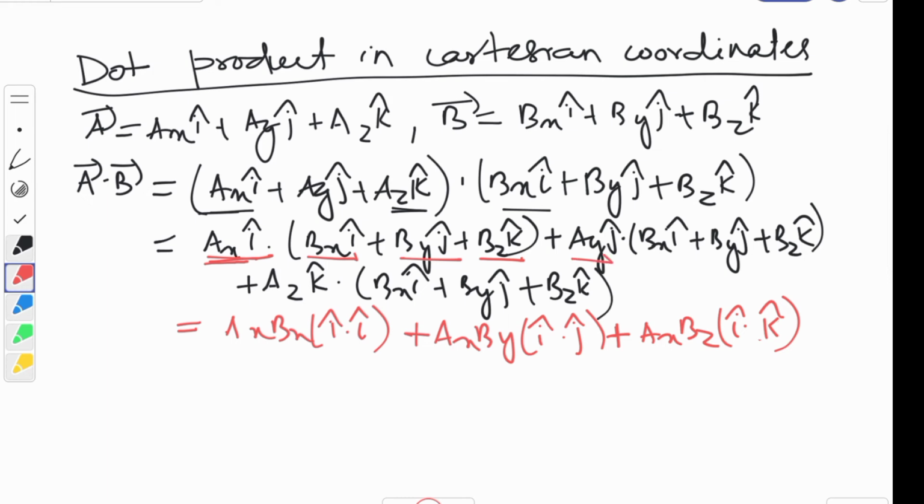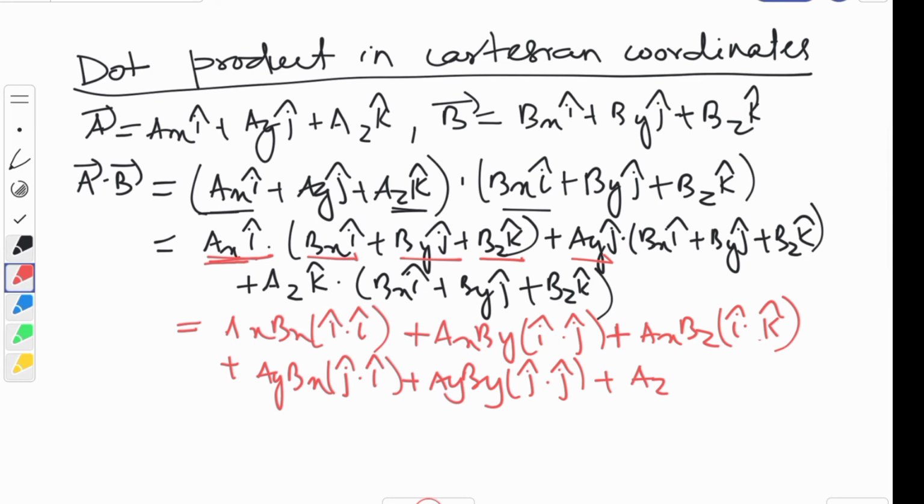Similarly for this, in the same fashion, we'll write AY BX j cap dot I cap plus AY BY j cap dot j cap plus AY BZ j cap dot k cap.